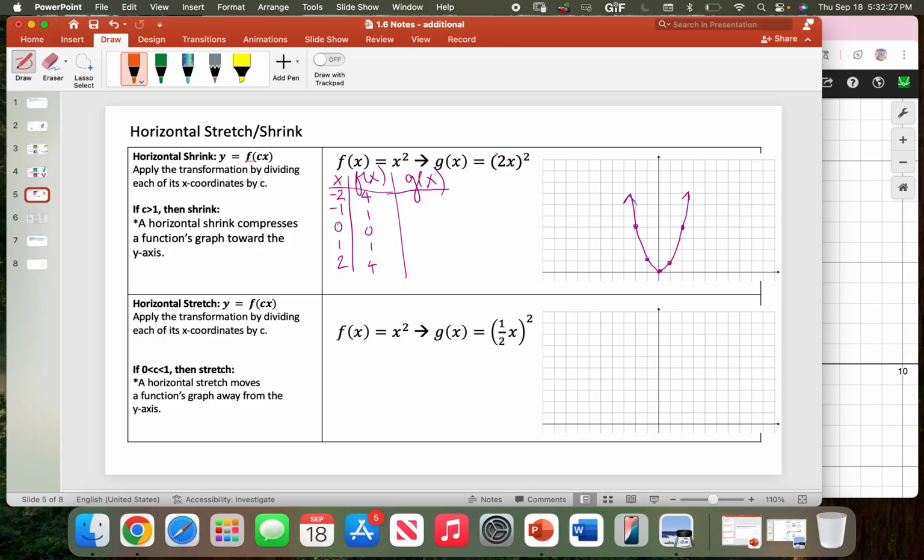So here our c value is 2. Negative 2 divided by 2 is negative 1. The y values stay the same. Negative 1 divided by 2 is negative 1 half. Y value stays the same. This is just going to still be 0, 0. This will be positive 1 half, and this will be 1, 4.